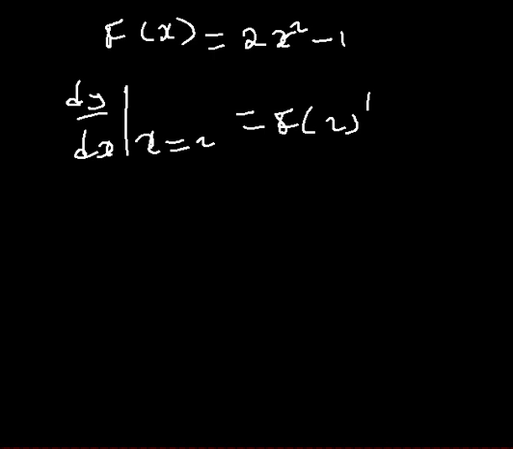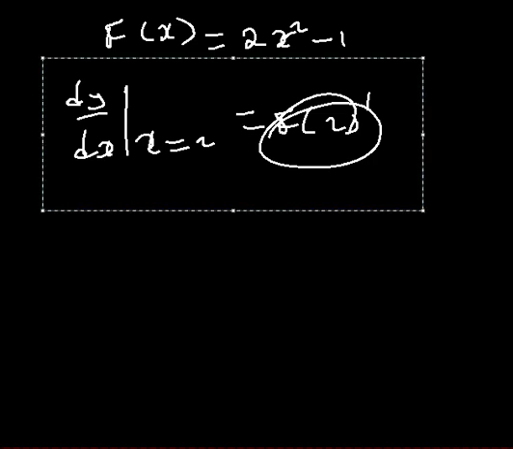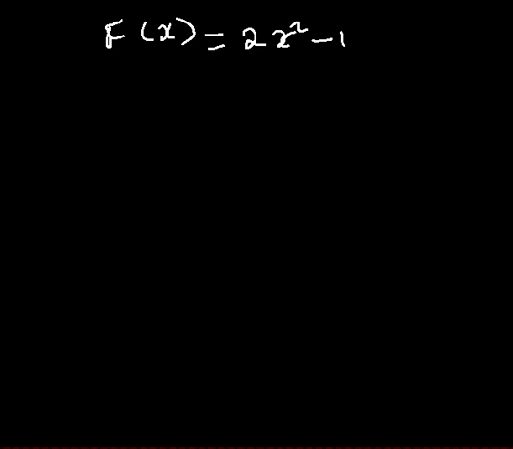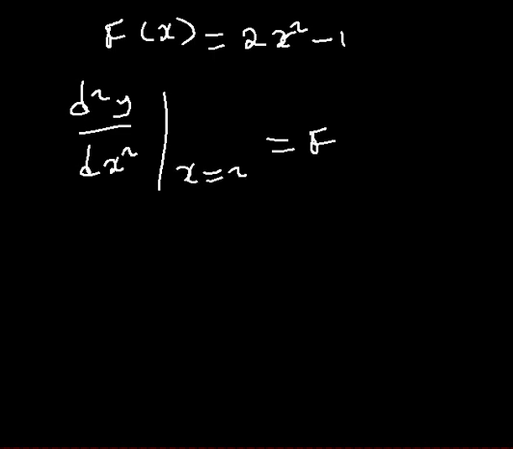That is the same as that, so you can understand it. And how about if you want d squared y over dx squared at x equal to 2? This is the same as having f double prime of 2. That is the same as that.